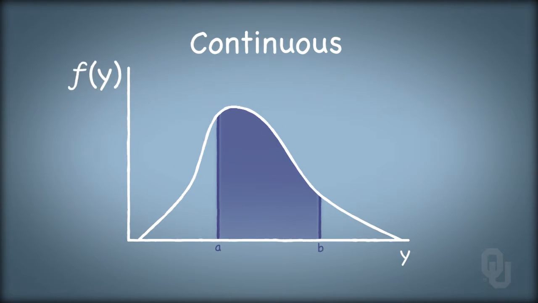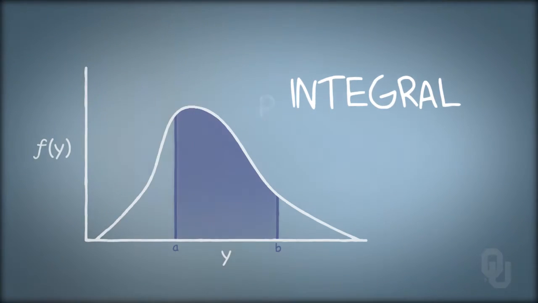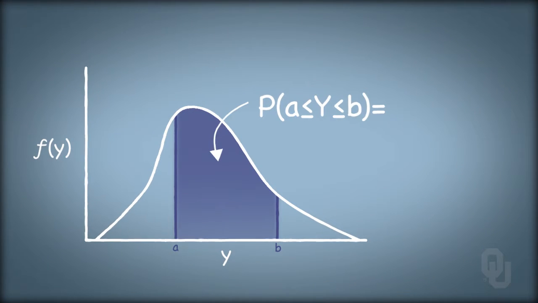Again, f of y doesn't help us with the probability directly. How do we find the area under the curve between 2 points? Yes, with an integral. To find the probability that the continuous random variable y takes on a value between 2 points a and b, we integrate f of y and evaluate between a and b.